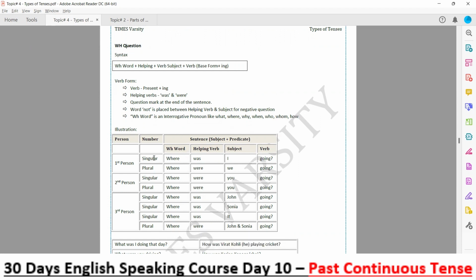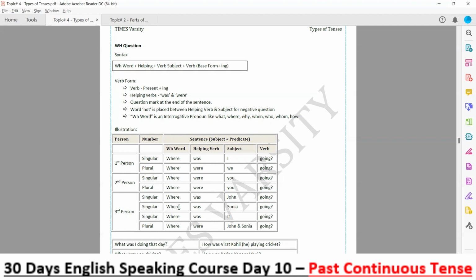Like for first person singular, where was I going? Plural, where were we going? Second person singular, where were you going? Second person plural, where were you going? Third person singular, where was John going?